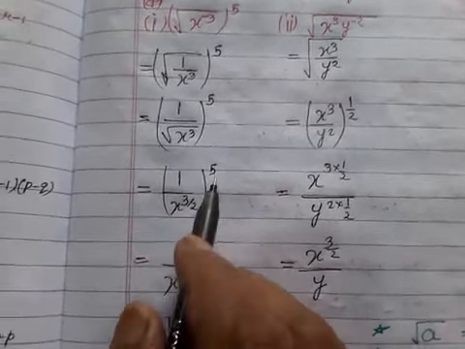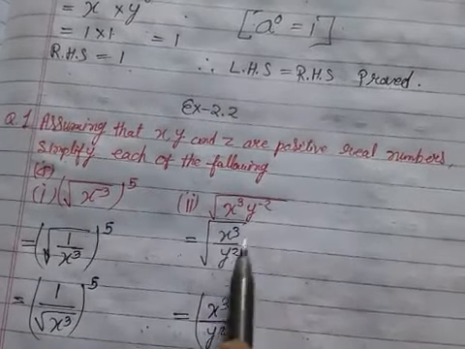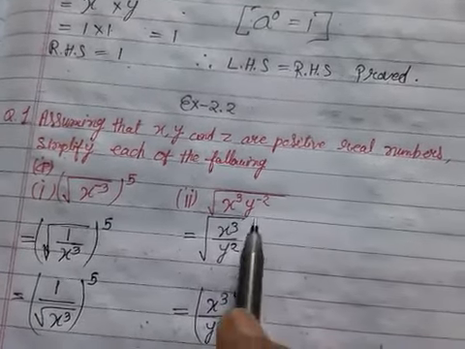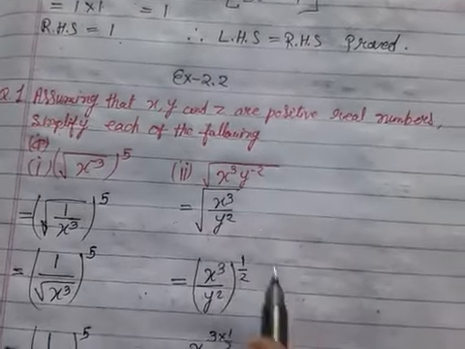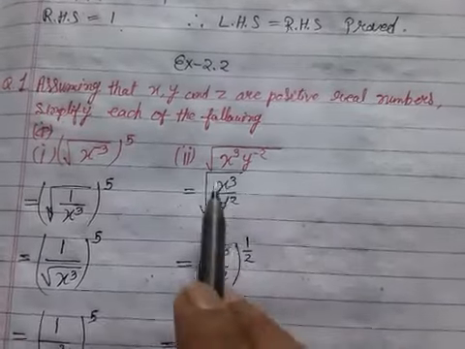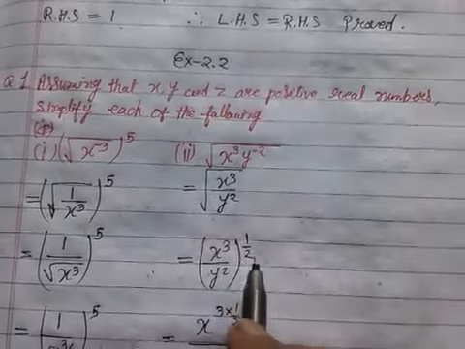Here question number 2, x to the power cube y to the power minus 2, so we write y in reciprocal form, so we can write x to the power cube by y to the square. Here also there is a root, so we remove the root and write power half.